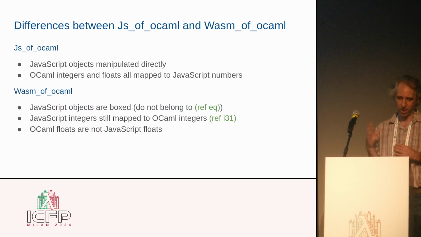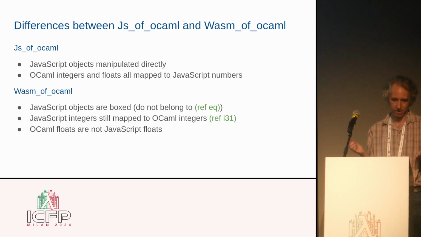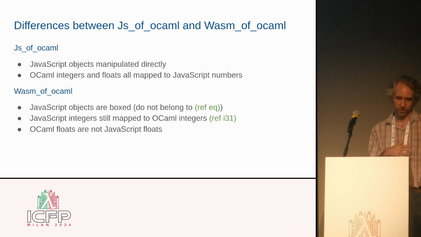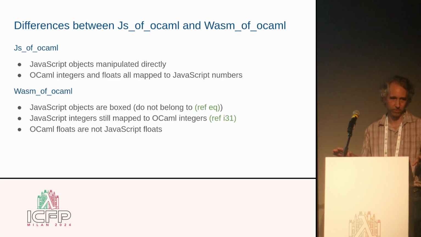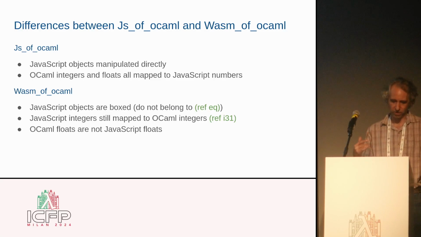So in JS OCaml, JavaScript objects are manipulated directly, and OCaml integers and floats are both mapped to JavaScript numbers. We don't make a difference. On the other hand, in case of Wasm OCaml, JavaScript objects are boxed. JavaScript integers are still mapped to OCaml integers when they fit, but usually they fit.